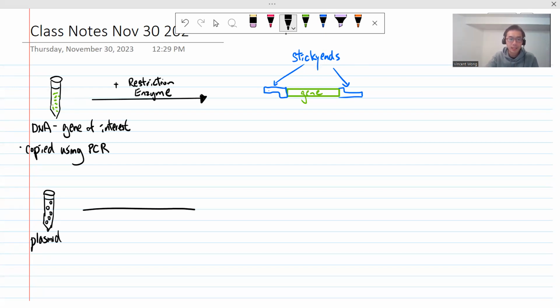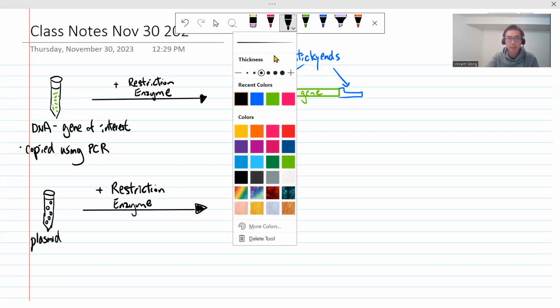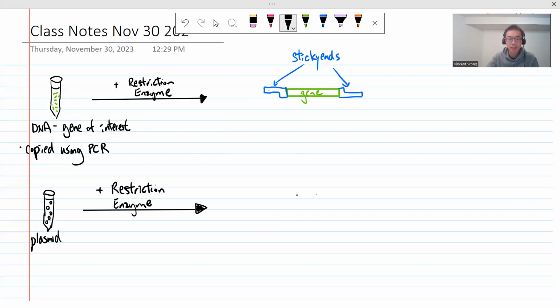Now, the idea here is to treat your plasmid with the same restriction enzyme. Okay, with the same restriction enzyme. And if I do that, I'm going to open up the plasmid basically.